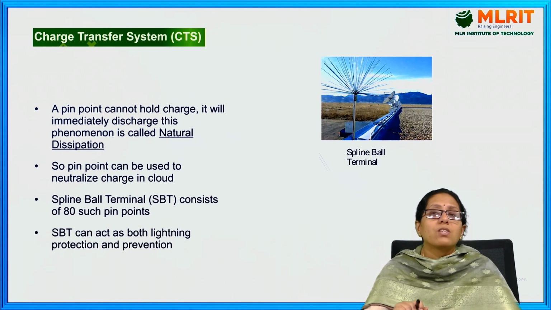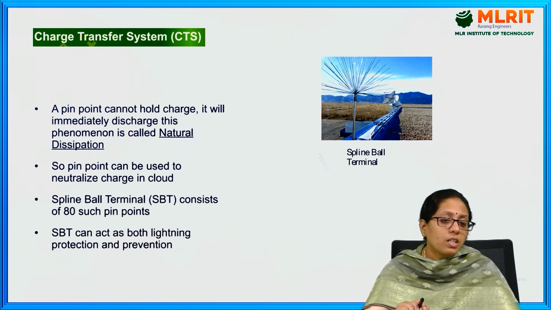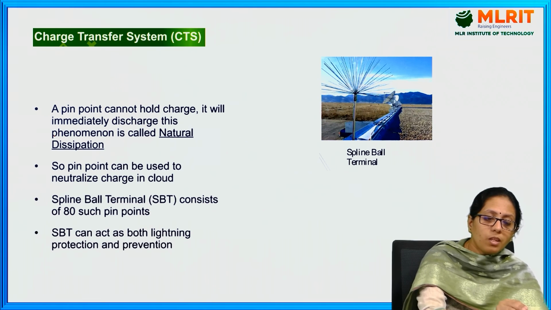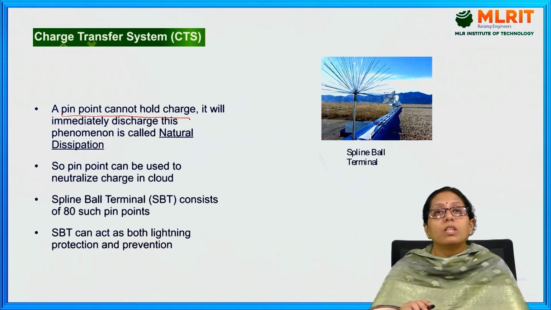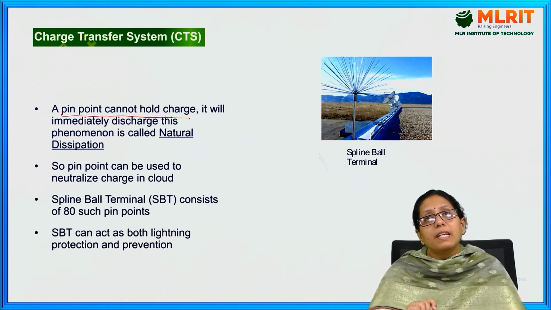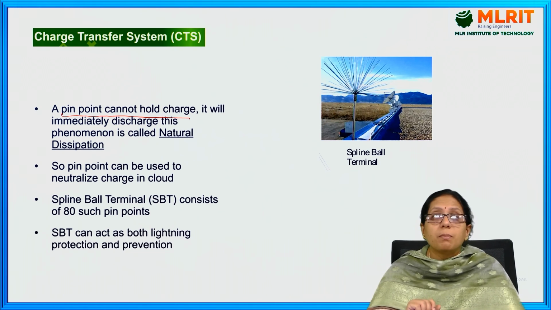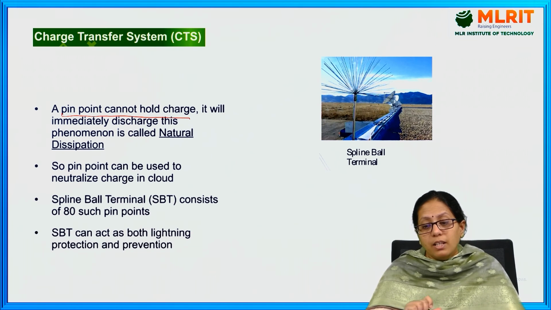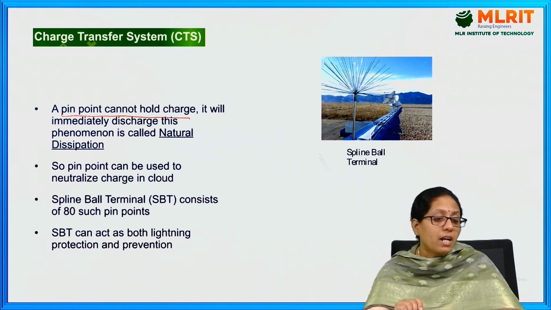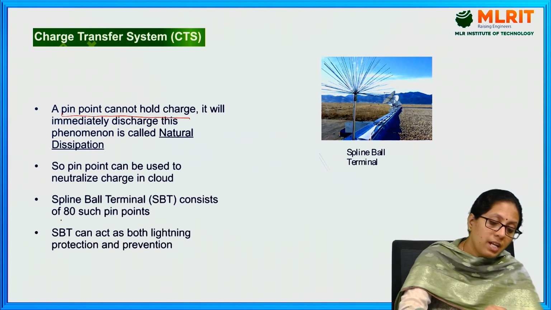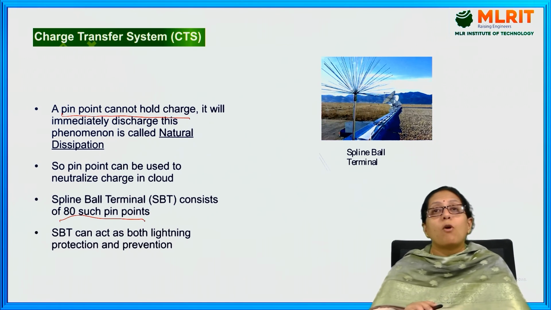Charge transfer system. This is one of the transfer systems where you can see a pinpoint which cannot hold the charge. It will be immediately discharged. This phenomenon is called natural dissipation. That means the current is being naturally dissipated to the ground here. And they are being provided with 80 such pinpoints.